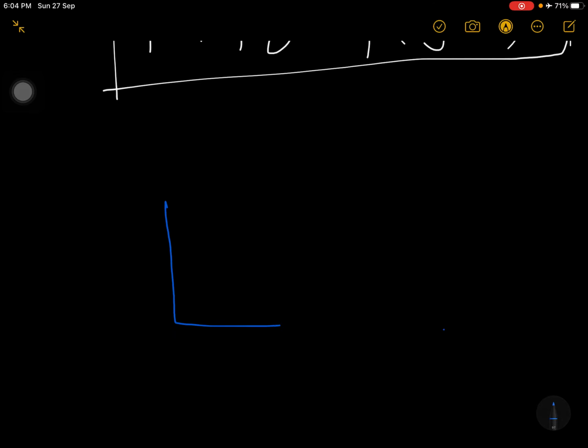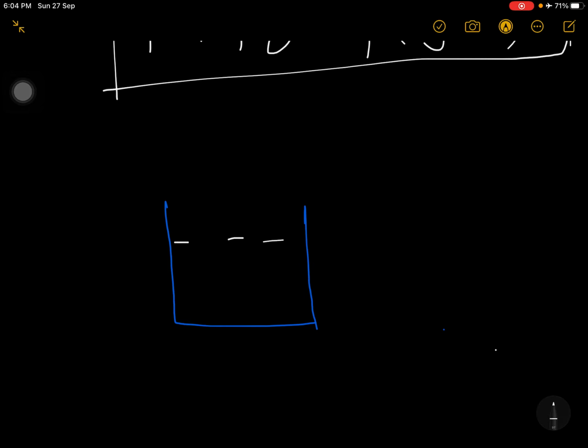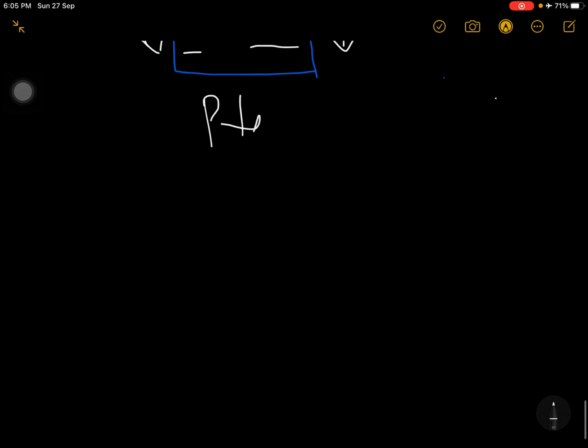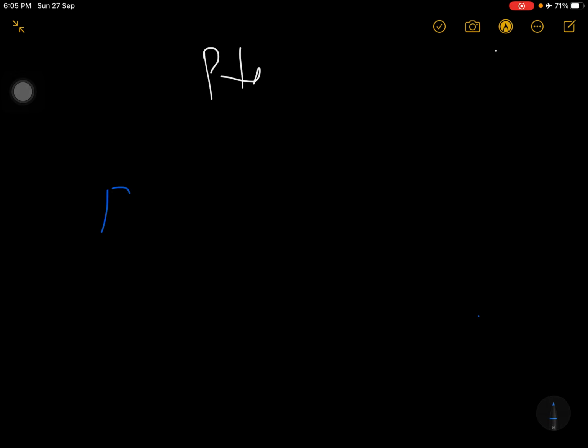Now when it is accelerating downwards, what will happen? We will see now. There is a fluid inside, the acceleration is downwards, the height is h, and the atmospheric pressure is P naught. Here the situation is similar, but with a small difference.